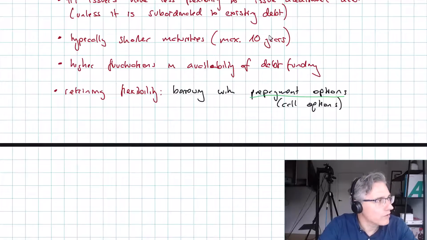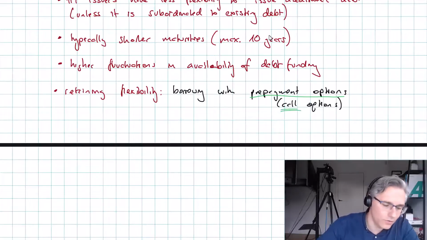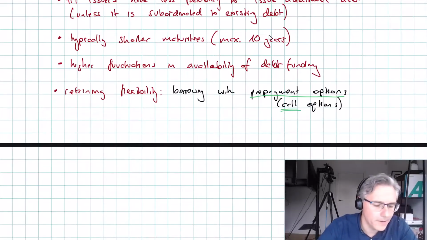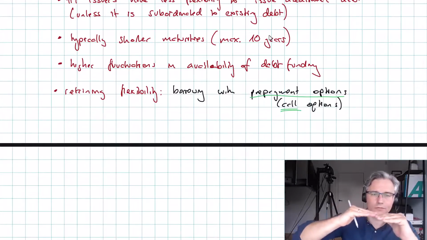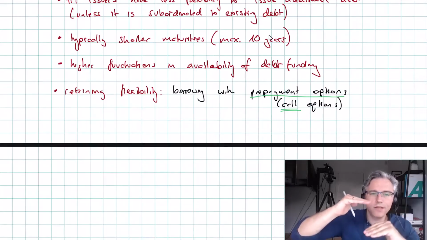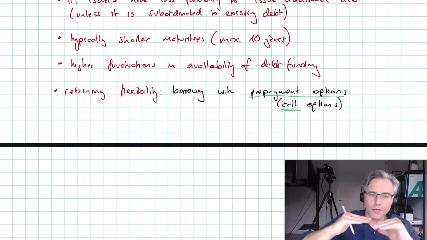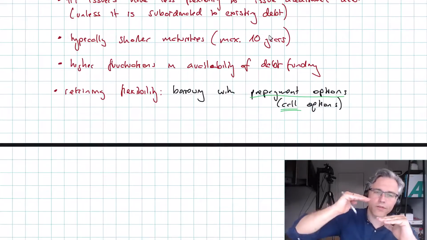However, one consideration to keep at the back of your head is that typically calling a bond, or making use of the call option, requires you to pay a call price which is at a premium to the face value. So if you want to redeem the bond early, you actually have to pay more than 100% of face value.